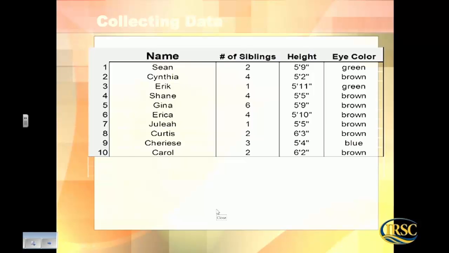Okay, so we have 10 students from our population of our class. So these 10 students would be a sample of the class. Was that necessarily a random sample? Was it random within the population? Was it volunteer?